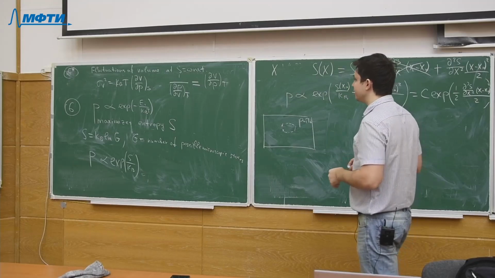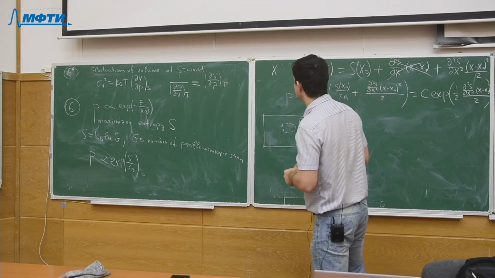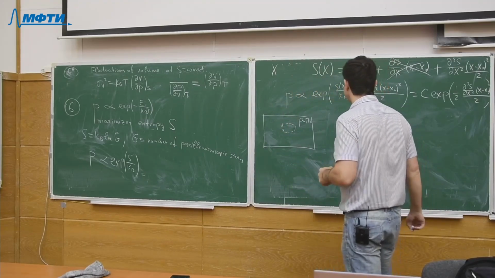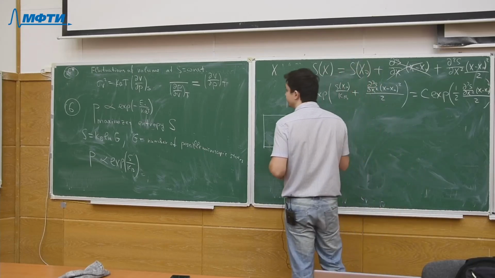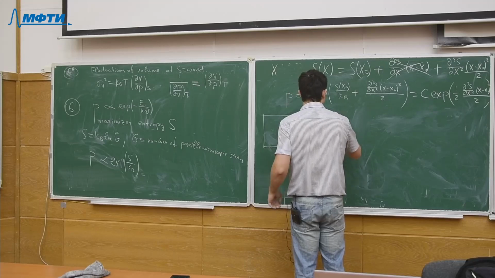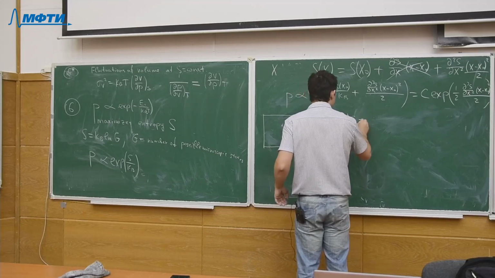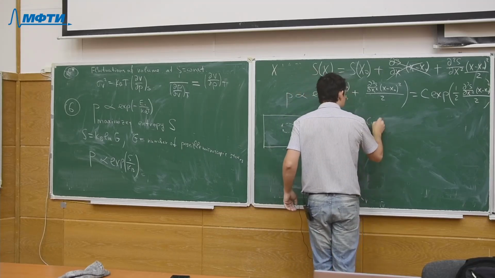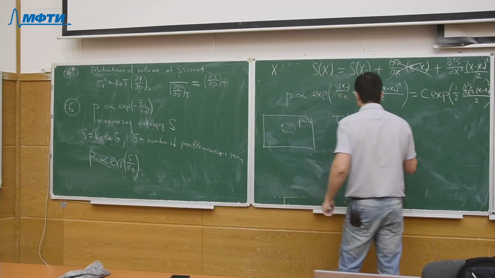So let's try to repeat the story 5-star using this more general approach. Let's write the entropy for the system. According to the definition, I can write that TdS equals CV dT.